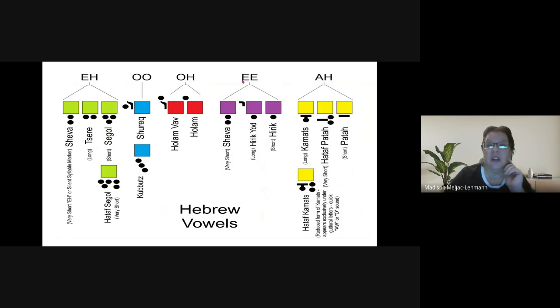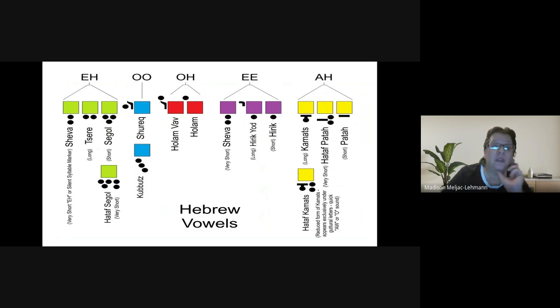Here's the chart of one of the classmates, so I didn't think he'd mind if I used it. Here's the A family. The reason the Hataf Kamatz is underneath there is because there is an exception later. Here's the EE, the short Hirik, the short Hirik Yo, and the Shiva. Here's your O family, your Olam or your Olam Vav. And then here's your U, your Sharuk, U in the middle, that's a Vav too, and your Kibbutz.